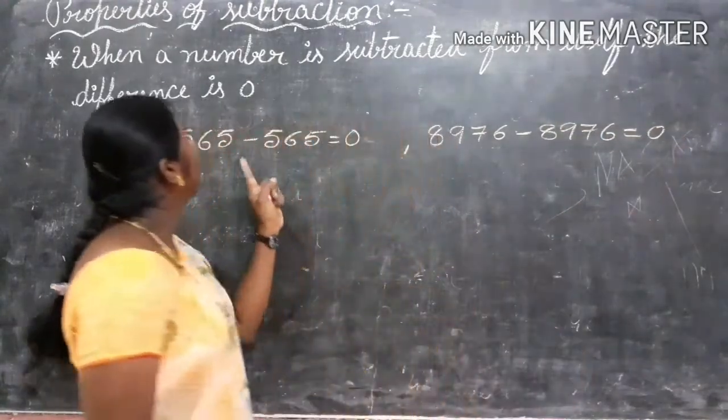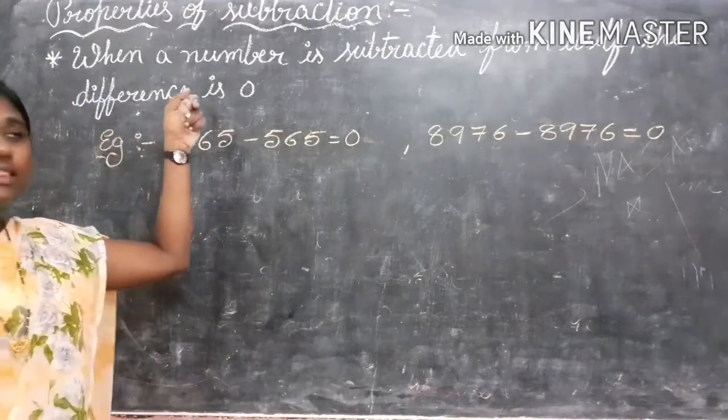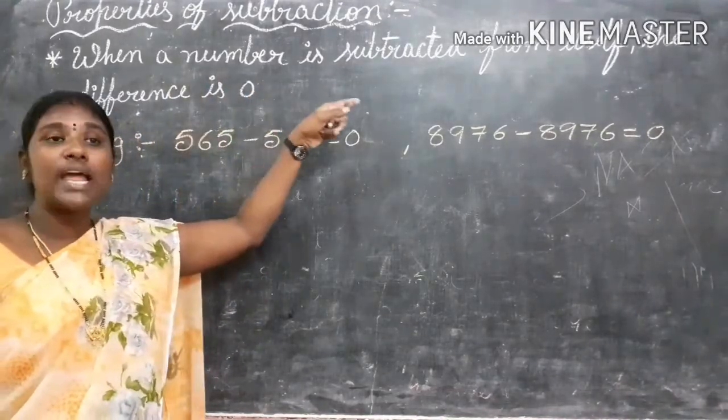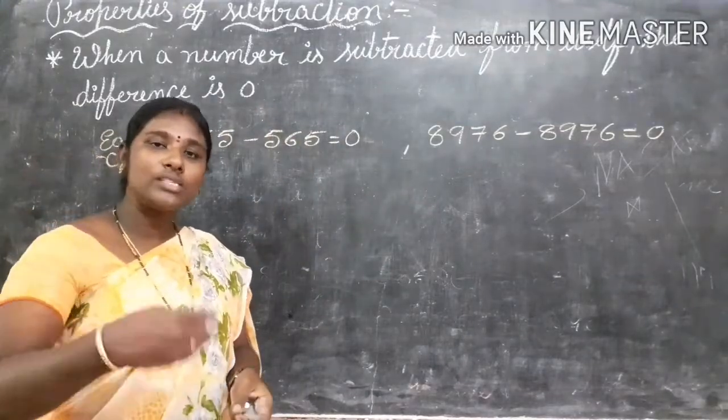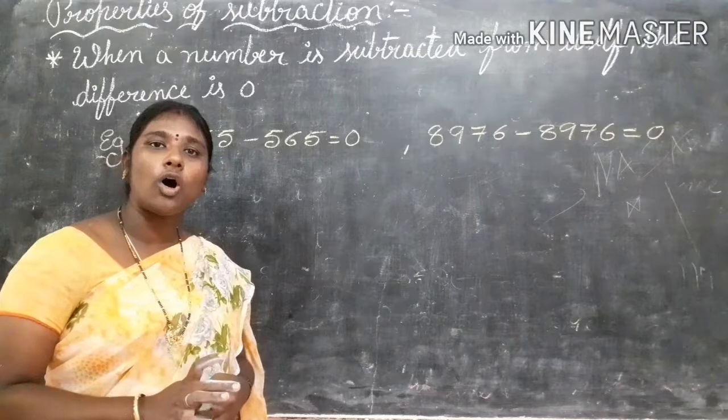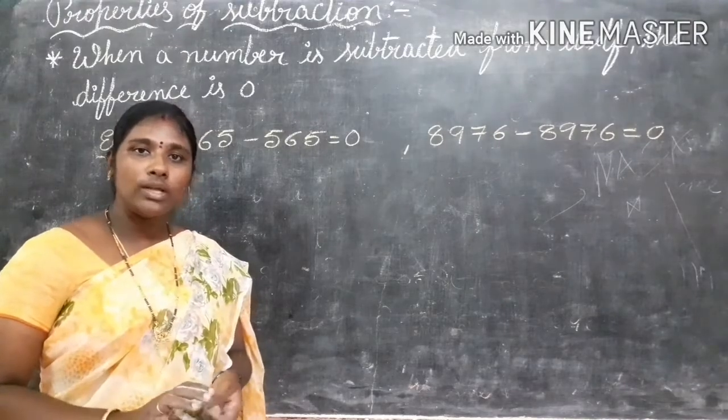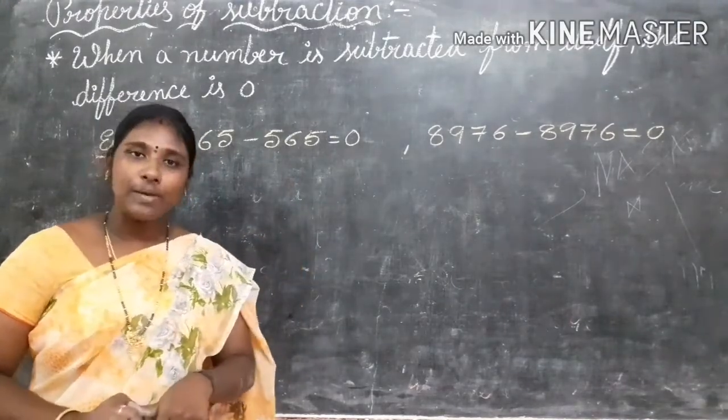That means when a number is subtracted from itself, the difference is 0. We will always get 0. These are the properties of subtraction.